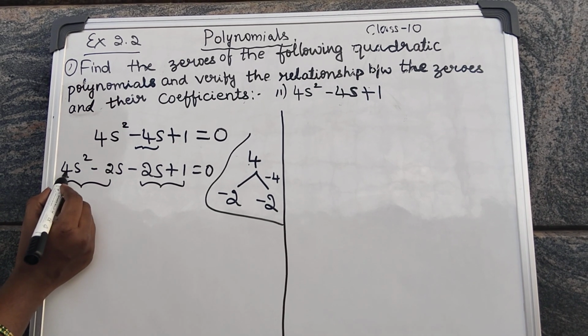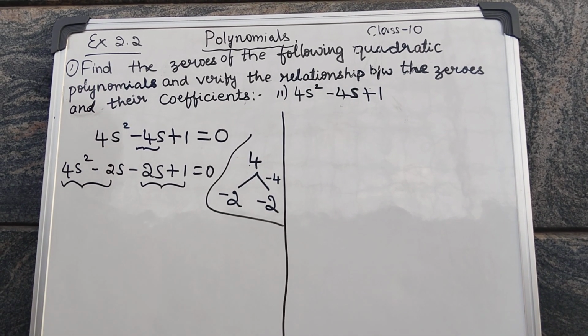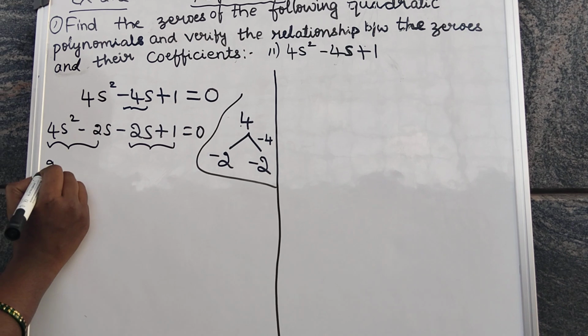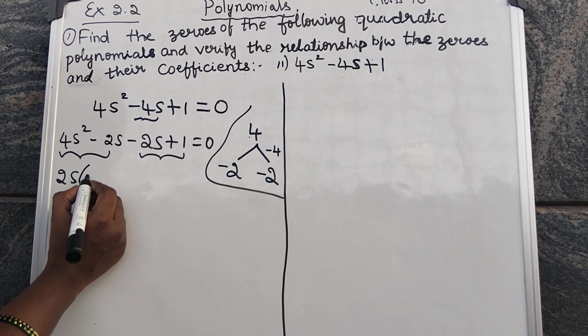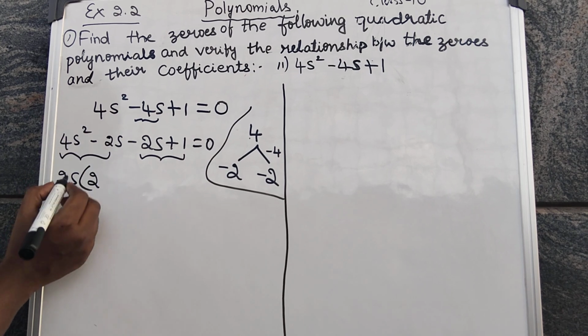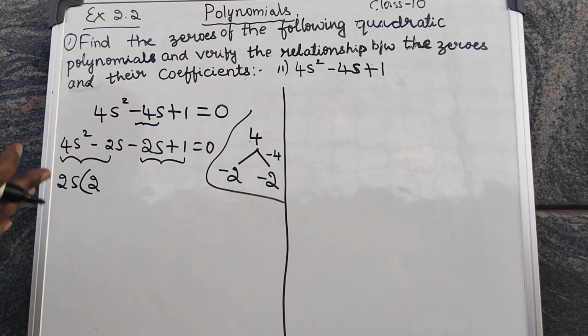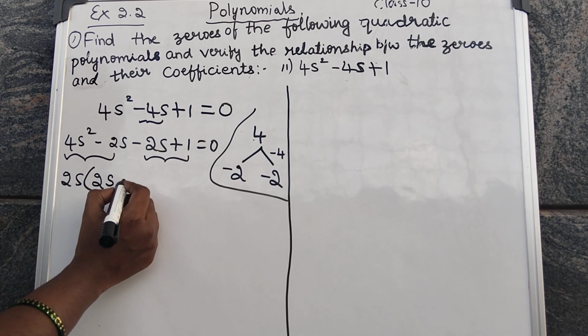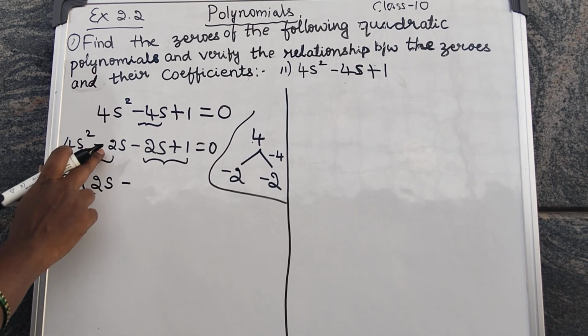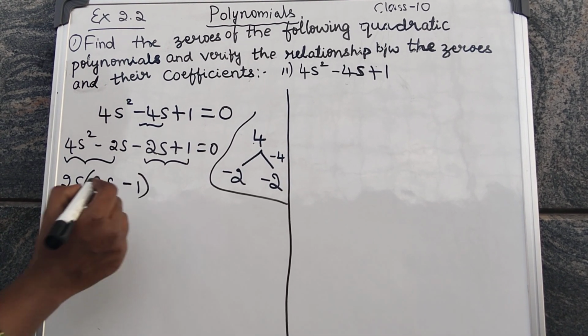Here in 4s² and 2s, you can take 2s as common. 2 twos are 4, you took 2 as common, one more 2 remains, and s², you took s as common, one more s remains. That will be 2s, minus, here you took 2s as common, so you will have 1.